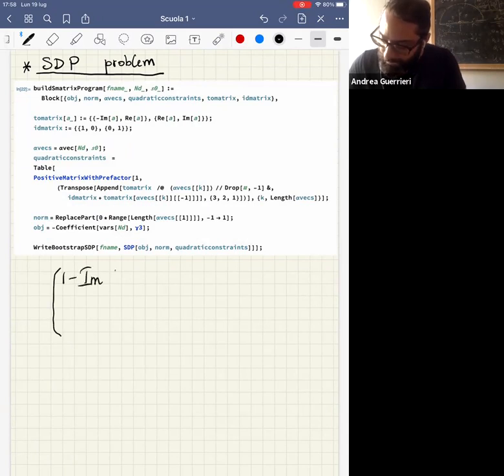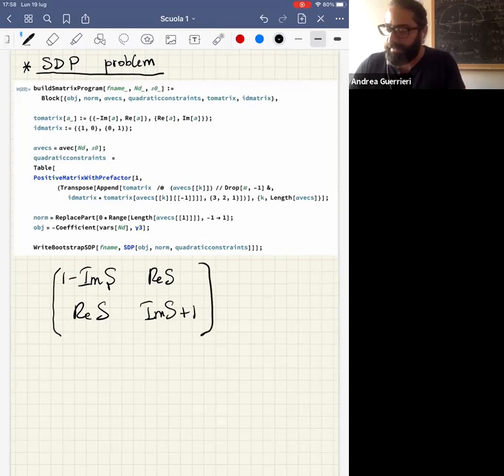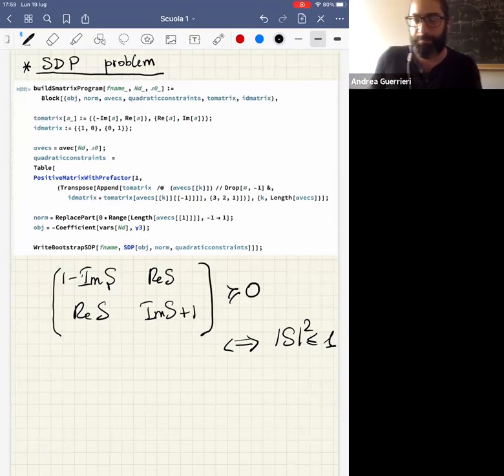You will pass 1 minus the imaginary part of S, the real part of S, the real part of S, and 1 plus the imaginary part of S. And the fact that this matrix is positive semi-definite is equivalent to absolute value squared less than or equal to 1. Well, the determinant is just this condition, and then the entries are positive, right? Because this function is bounded by 1 in absolute value.